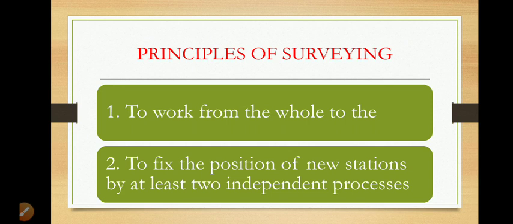The first one, work from the whole to the part, means that if you are surveying to find the area of a given field, you should take the precise survey on the outer boundary. After that, you take the survey inside the boundary. That means the error will be minimized.